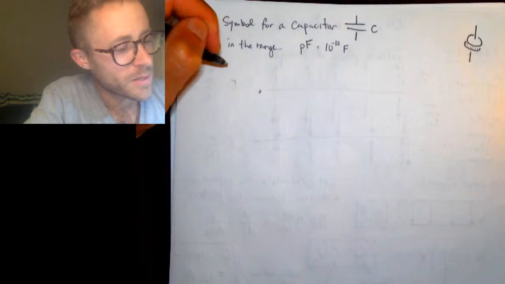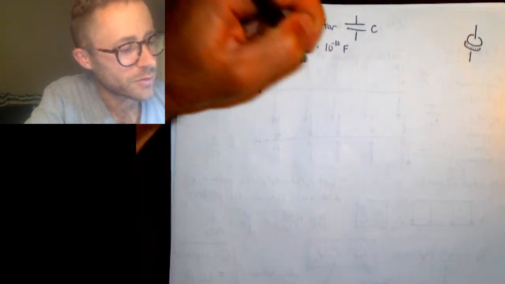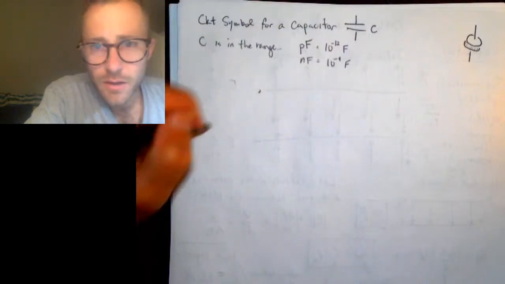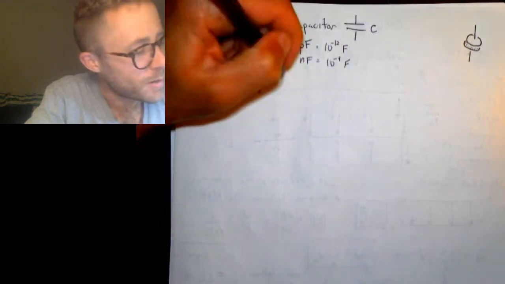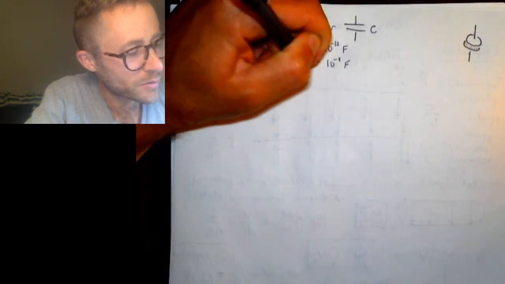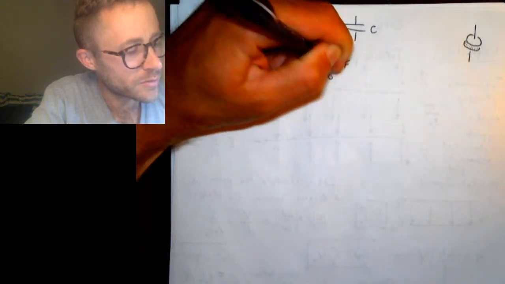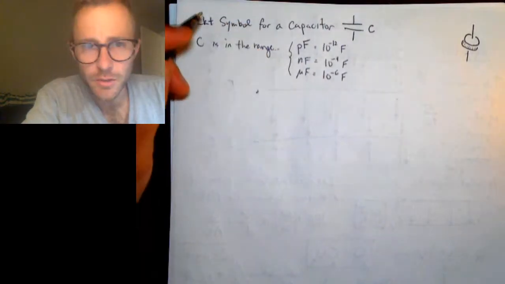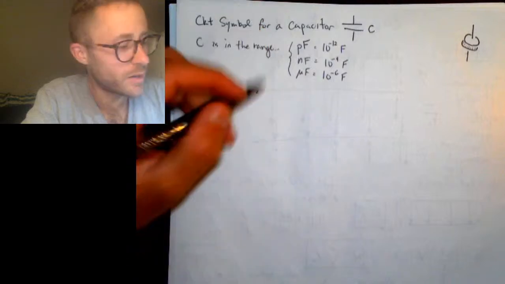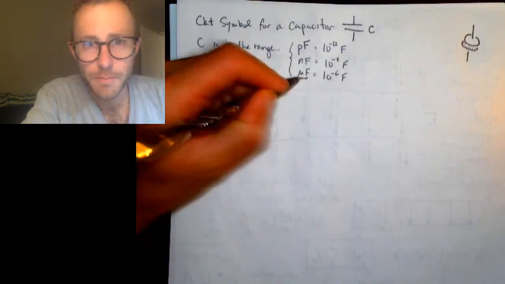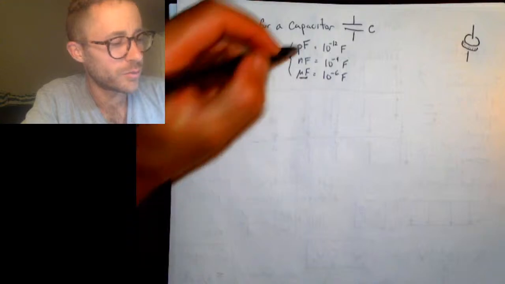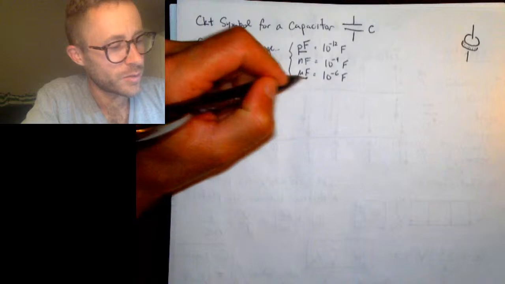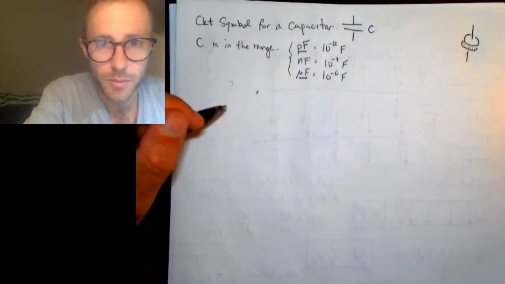You can buy nanofarad capacitors, which are 10 to the minus 9 farads. You can buy microfarad capacitors, which are 10 to the minus 6 farads. So these are the typical sizes, all right? These ones are going to be pretty big comparatively. These ones are super small and compact, but these ones are a little bit bigger.